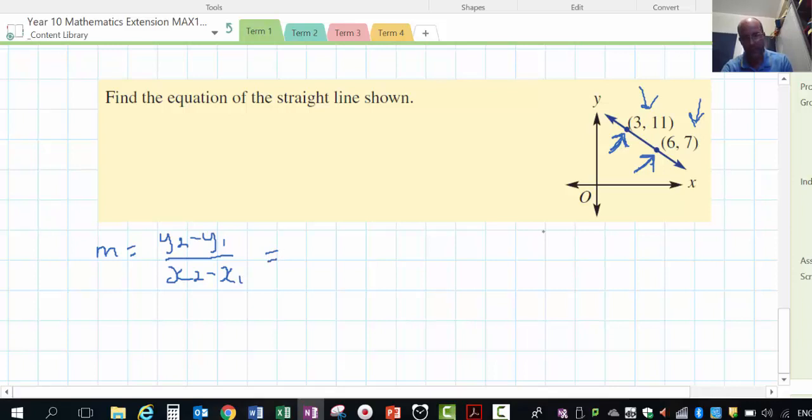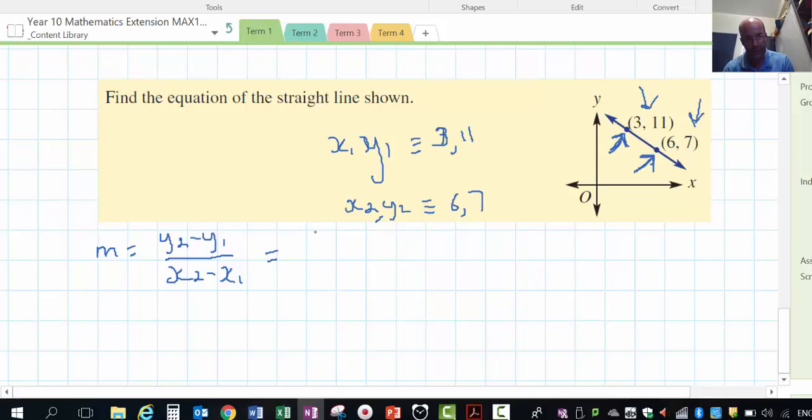and we need to know, what have we got here? So x1 y1 equals, it doesn't matter which way you name them, so I'm going to call that 3, 11 is my x1 y1, and x2 y2 is equivalent to 6, 7, as long as you're consistent.